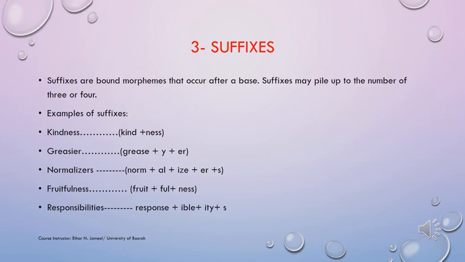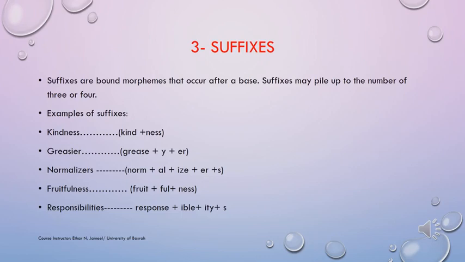Greasier. Greasier is a word that consists of 3 morphemes: grease plus y plus er. So we have grease, greasy, greasier. 3 morphemes. Grease is the free morpheme. It can be uttered alone with meaning.